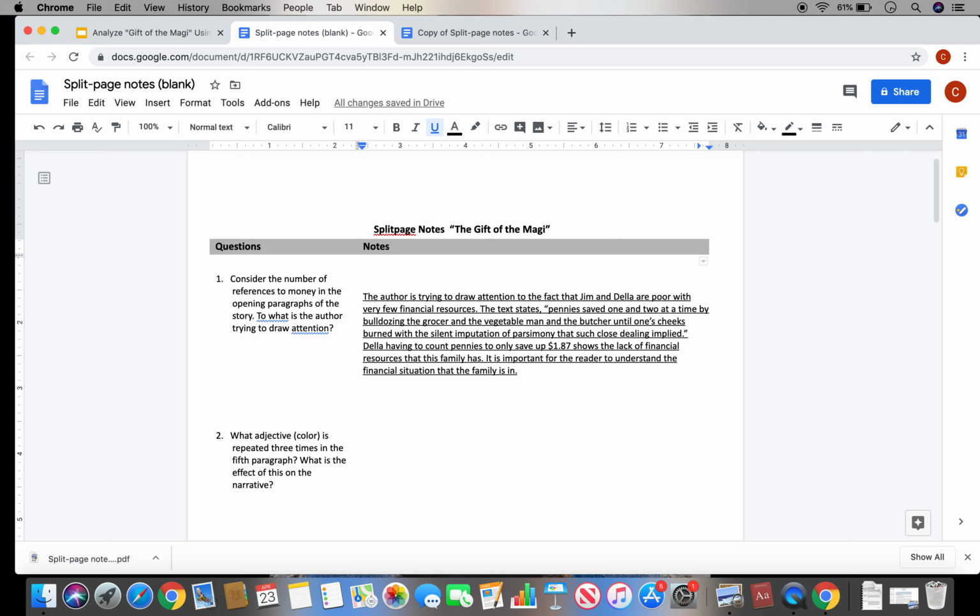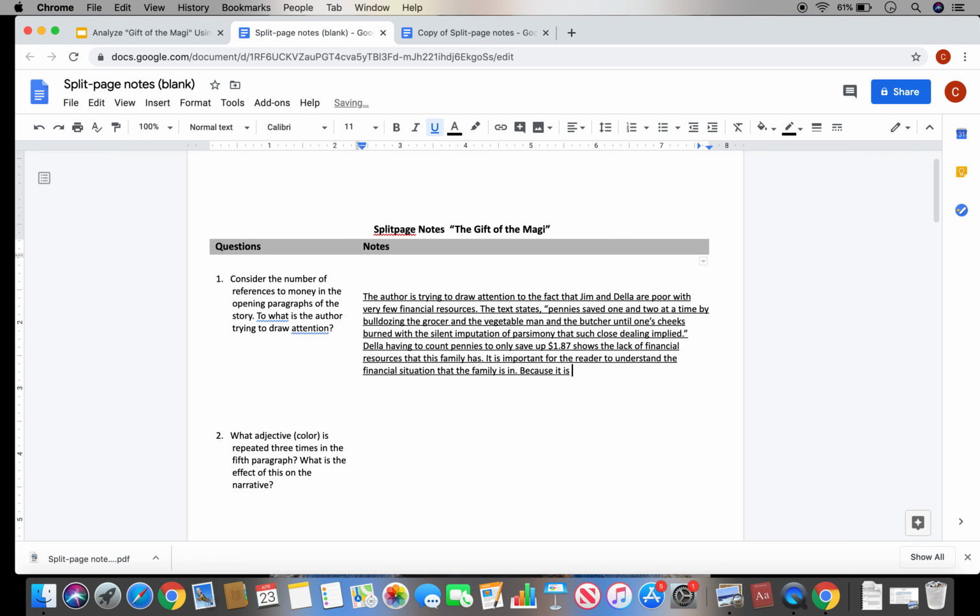And then now I'm going to summarize. So remember, I'm restating the question as a conclusion, which is to what is the author trying to draw attention to? And we know he's trying to draw attention to the lack of financial resources because it really explains their motivation and sacrifices later in the story, right? And a lot of that has to do with it being Christmas time. So I'm going to go in and just summarize.